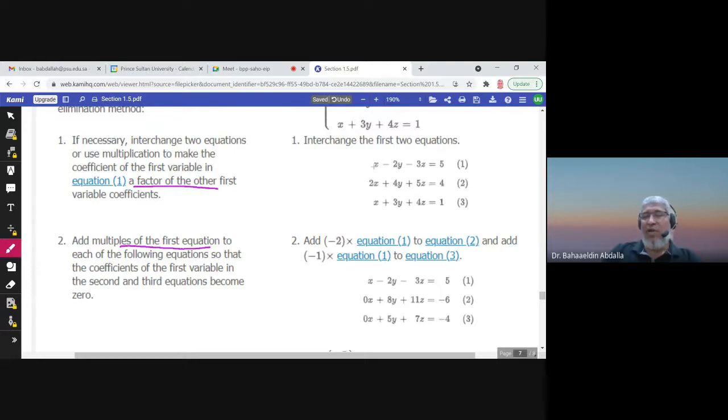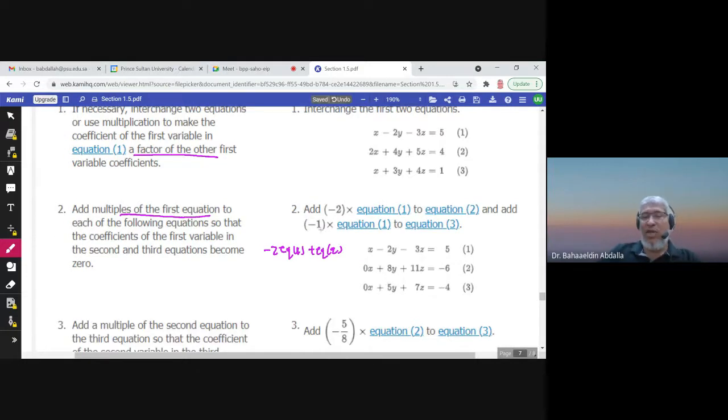How? For example, here this is 1, this is 2. So I multiply the first equation by -2 and add it to equation 2. So I do -2 times equation 1 plus equation 2, and I write it instead of equation 2.